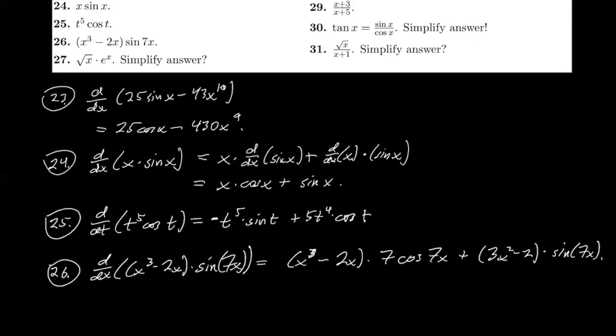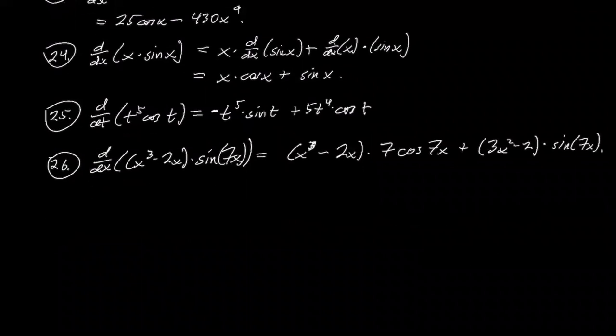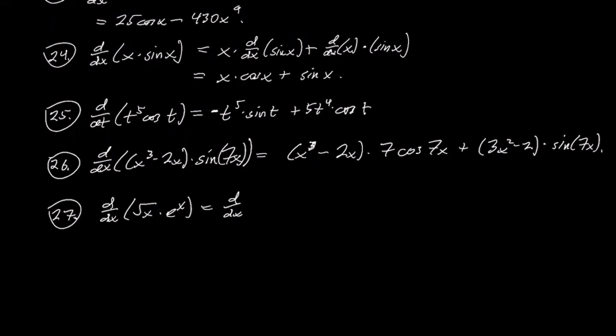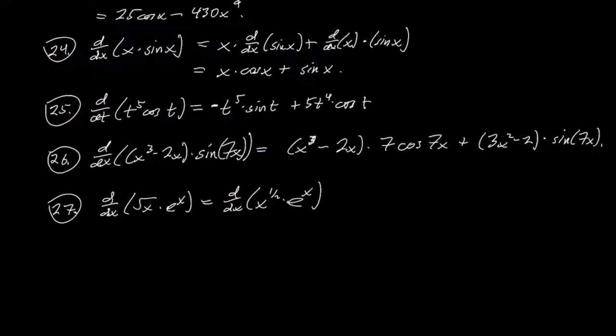That's that one. And 27 was root x times e to the x. Well, I could rewrite that as x to the 1/2 times e to the x, which is, again, we're going to do the first times the derivative of the second.